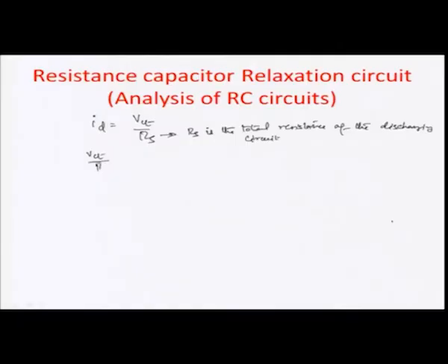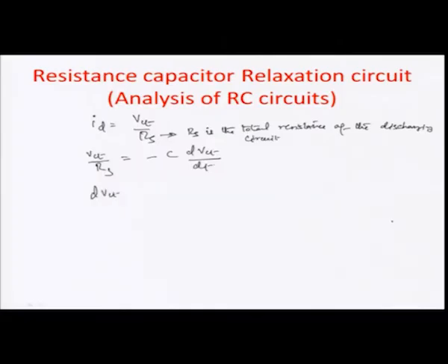So, VCT by Rs becomes equal to minus C dVCT by dt, and so we try to integrate this in time and see what is the outcome.